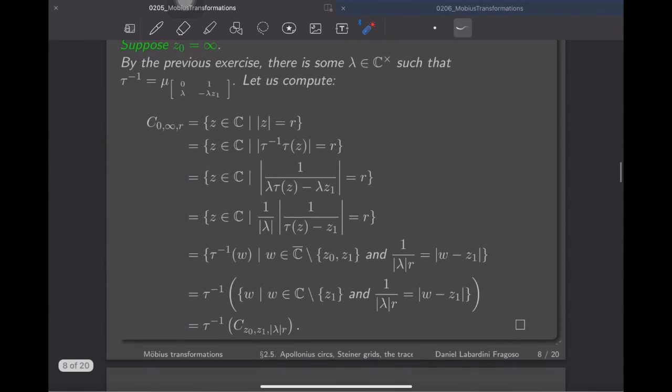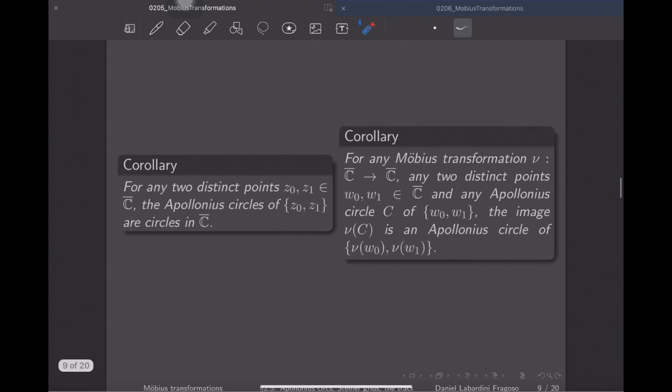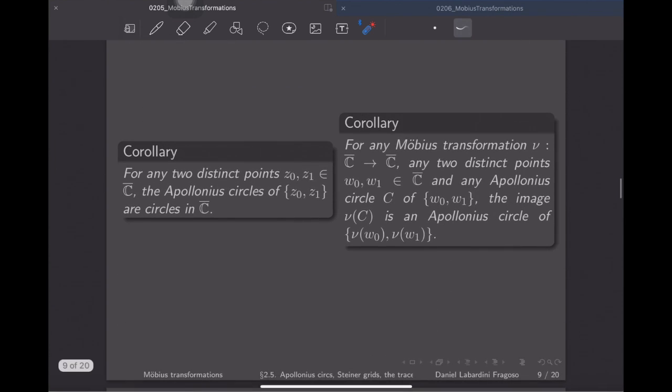The proof is, I would say, more or less standard. And you see now that for any two distinct points, every time I send them to 0 and infinity, Apollonius circles correspond bijectively by the Möbius transformation that does the job.